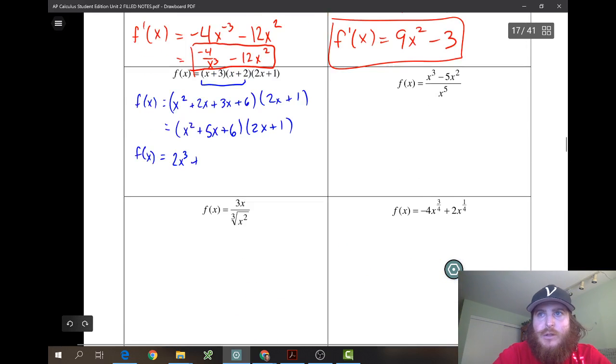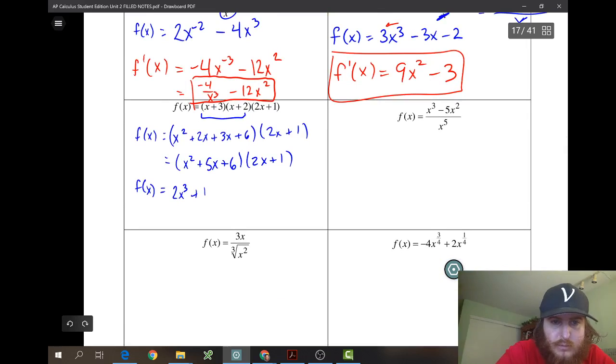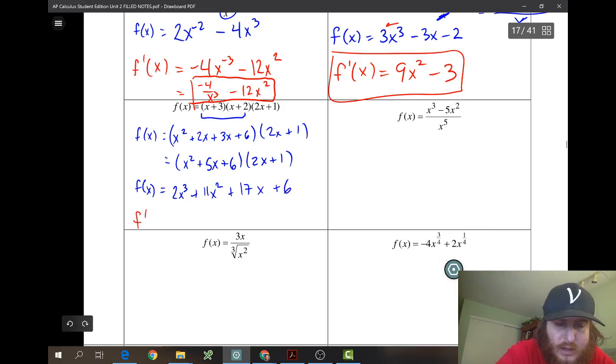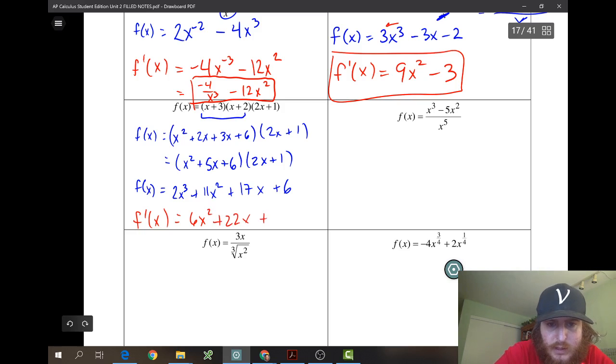So plus 11x squared plus 17x plus 6. And then now that we've done that, now we will apply the power rule. F prime of x equals 6x squared plus 22x plus 17. So there's our derivative.